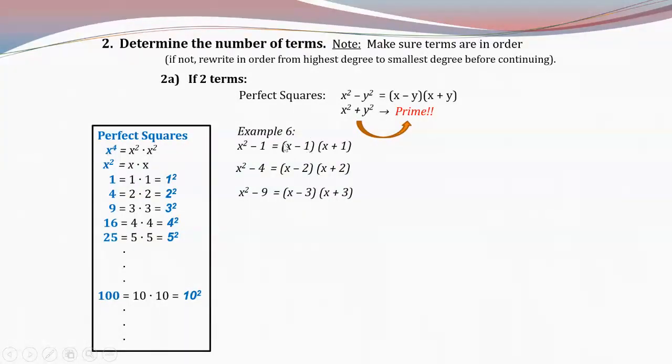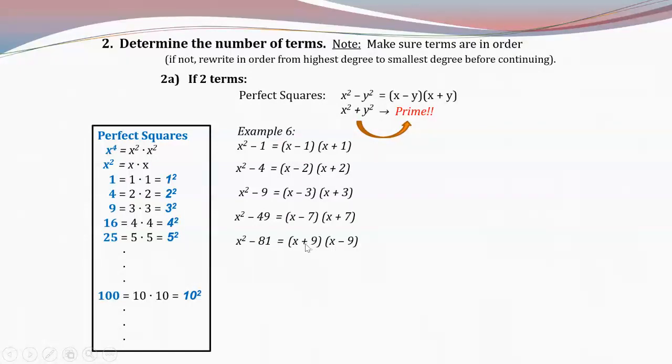Because if you do the FOIL, if you multiply them both, you're going to get the expression of the binomial on the left. x squared minus 49 will be x minus 7 and x plus 7. x squared minus 81 will be x plus 9 or x minus 9.